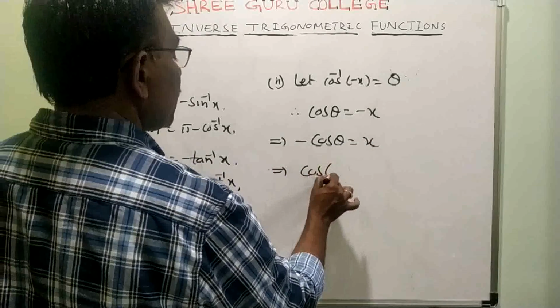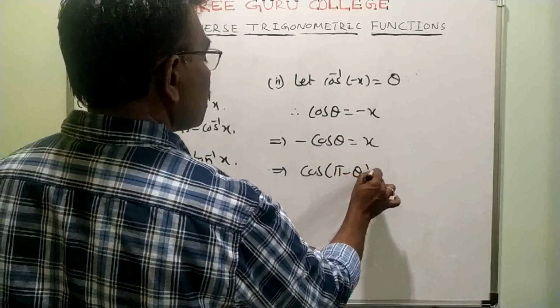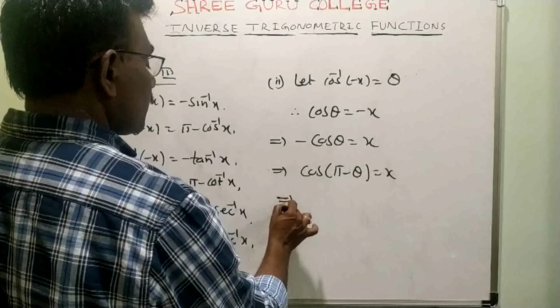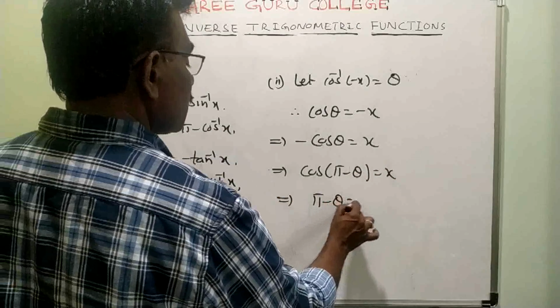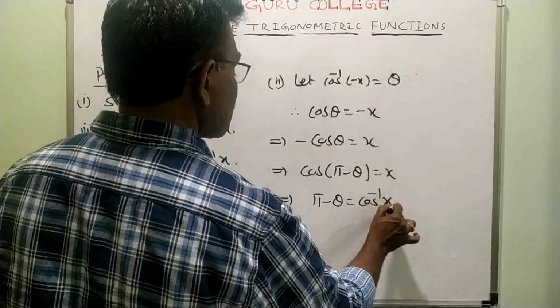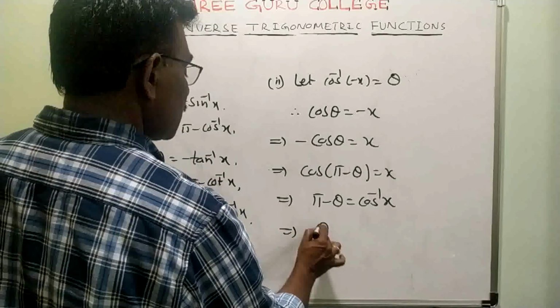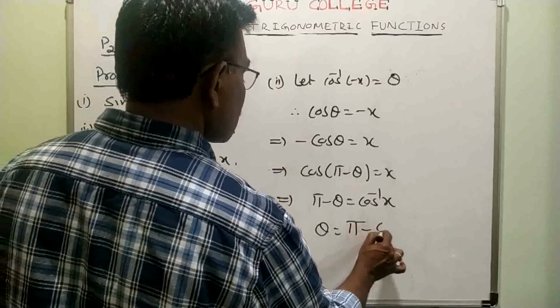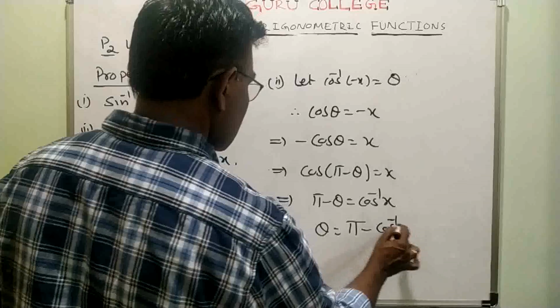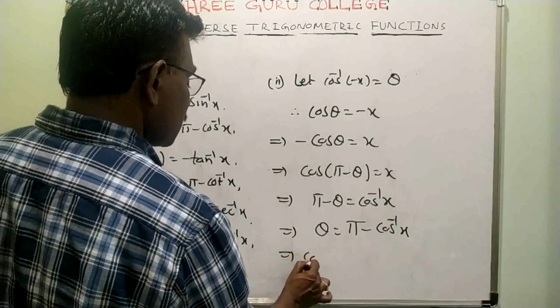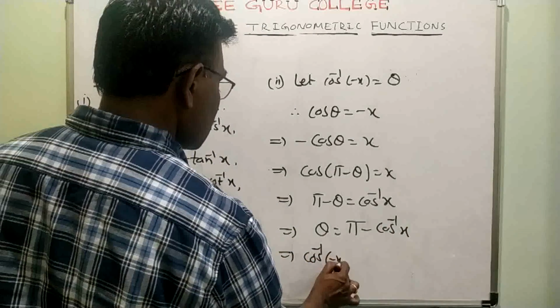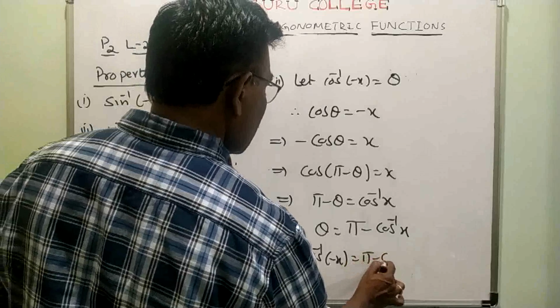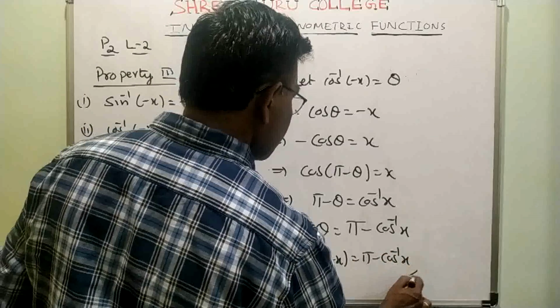Cos of the second quadrant angle pi minus theta is x. Pi minus theta equals cos inverse of x. So theta is pi minus cos inverse of x. Cos inverse of minus x is equal to pi minus cos inverse of x.